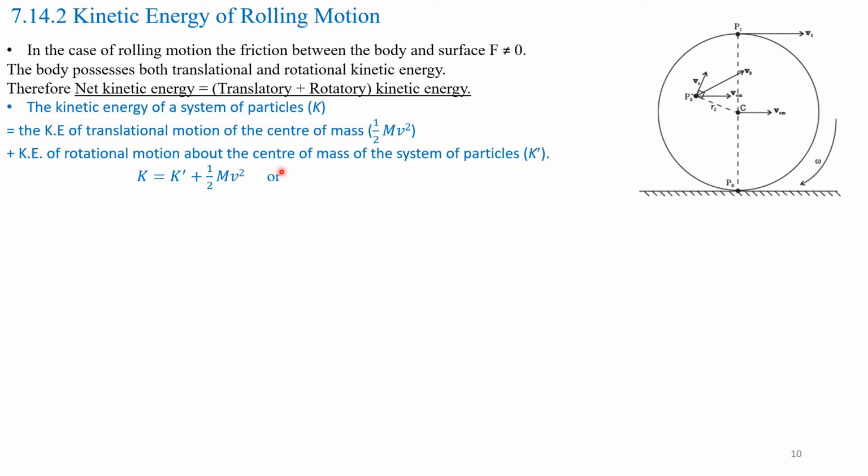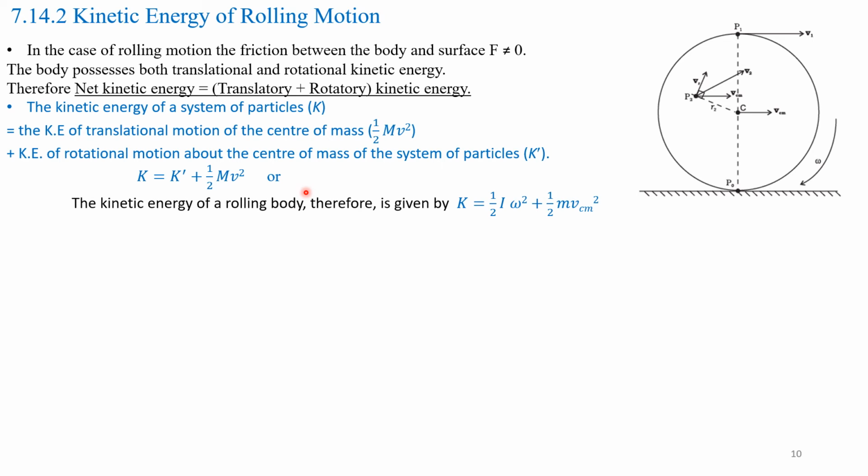As the body starts moving, there is a kinetic energy due to motion, represented as K dash. Therefore, the total net kinetic energy capital K is equal to capital K dash plus half mv square, where m is the mass and v is the velocity. The linear velocity of the body rolling on the surface is shown here.